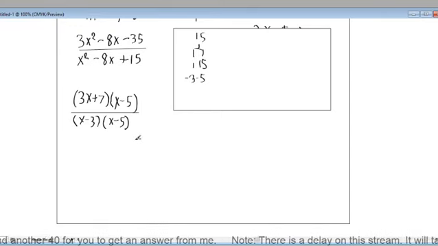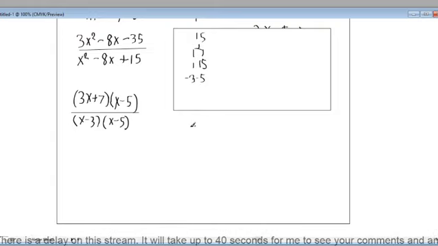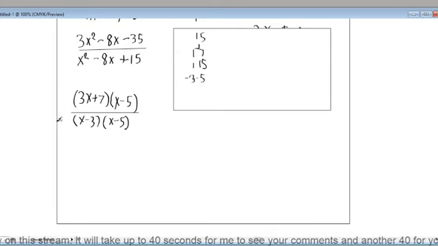Now again, it wants us to not only simplify the expression, but also give any excluded values. So before we go any further, let's find those excluded values, since now it's a lot easier to find since this is factored. So, like we said before, whatever's on the bottom, we cannot have it be equal to 0.